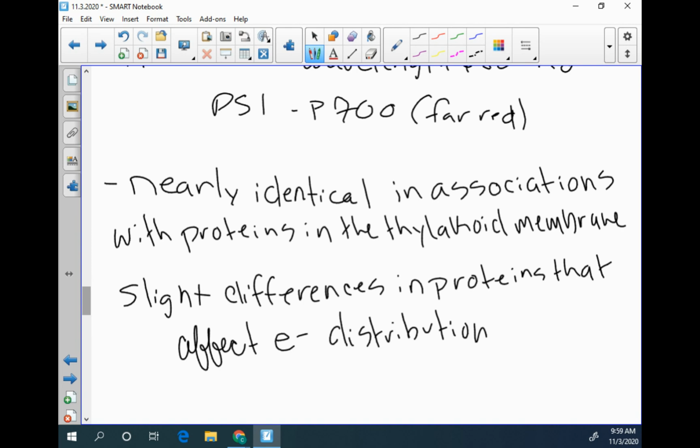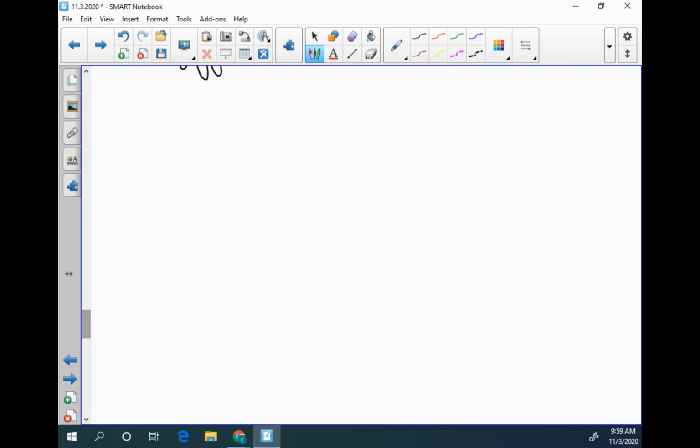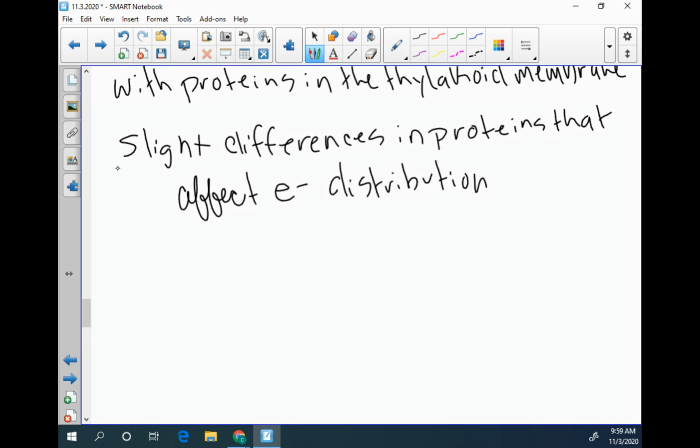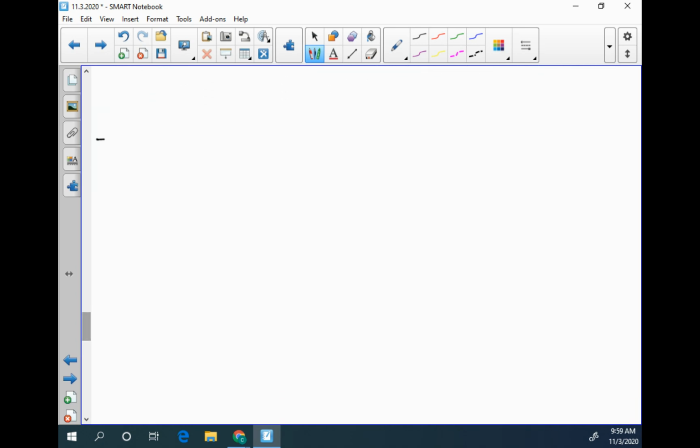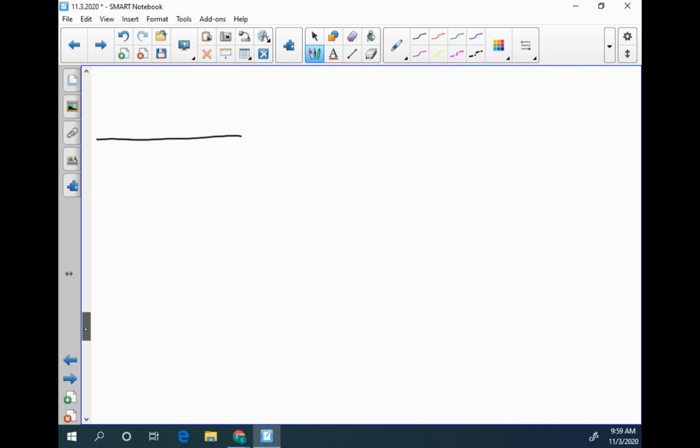So, let's just draw one. Drawing always helps. If we've got our thylakoid membrane, this is the stroma up here, and this is the thylakoid space.